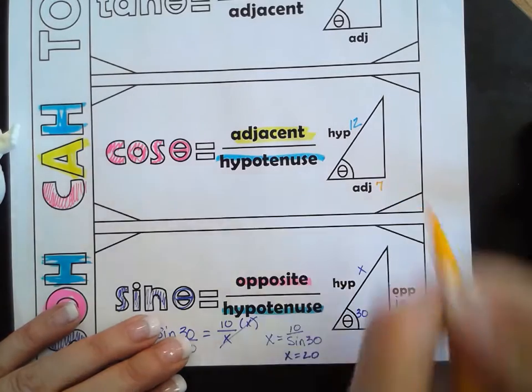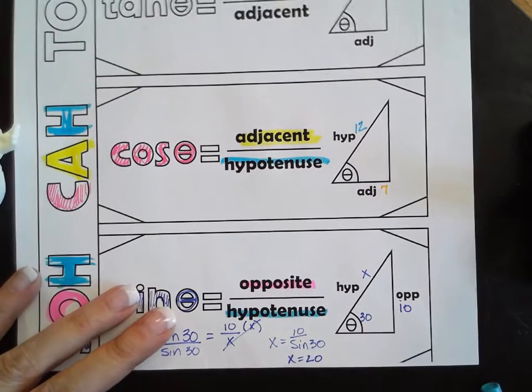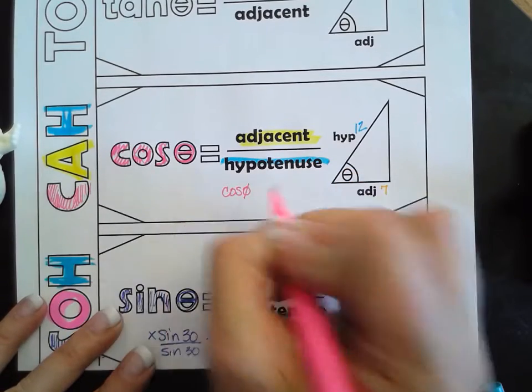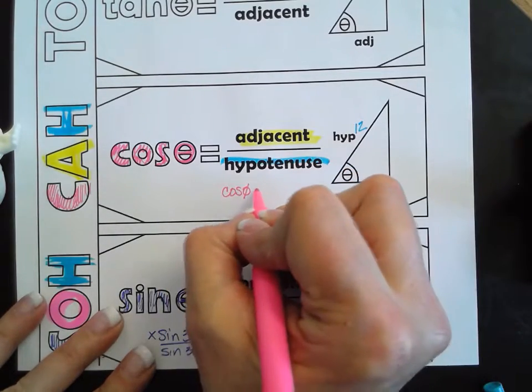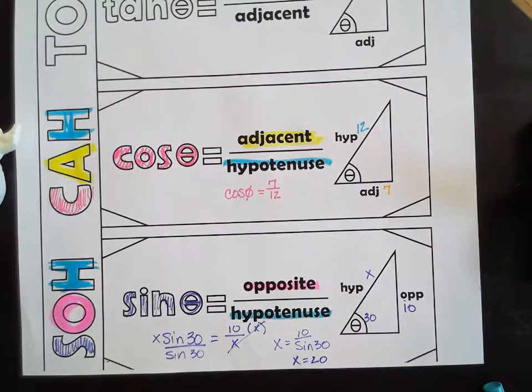Give me a number. 7. All right. So I know adjacent and hypotenuse. That means that I'm looking for the cosine of theta. So I'm looking for theta, and it's equal to 7 over 12. All right. How do you plug that into the calculator? Because remember, I'm looking for the angle measure.